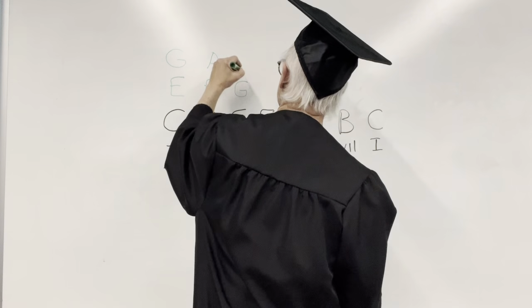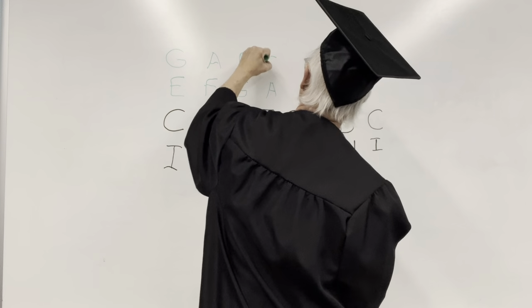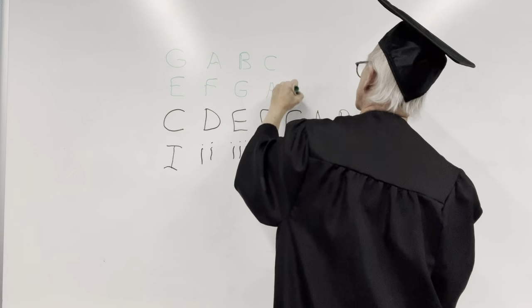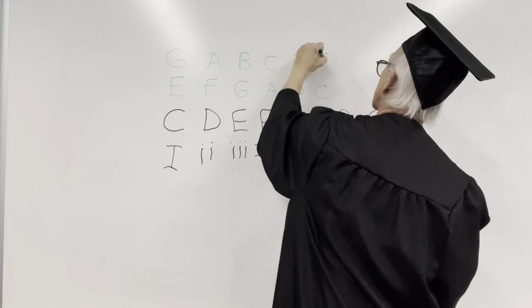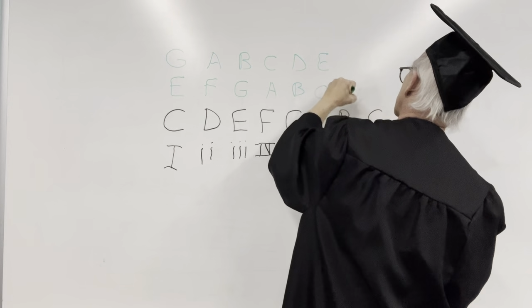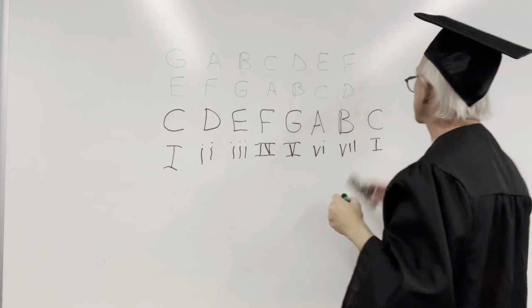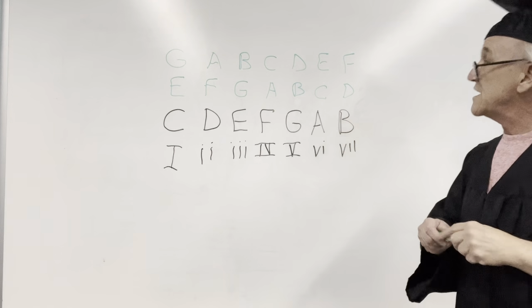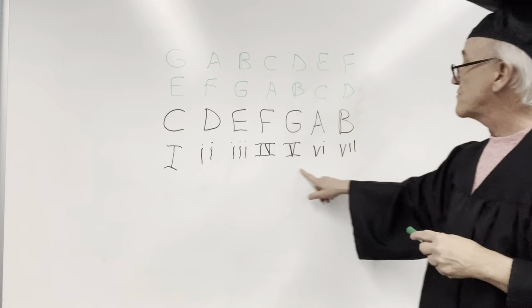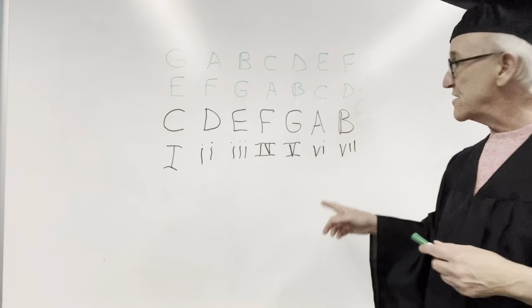I've done this so many times that it's not exactly new to me, and after you've done it a few times, you'll find it won't be new to you either. And we will not bother with this one because it's a duplicate, okay? These are each of the chords. These are all of what we call the diatonic chords or the natural chords in the key of C.